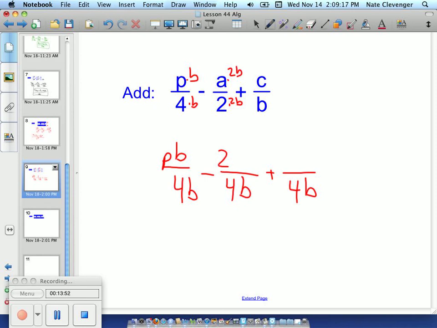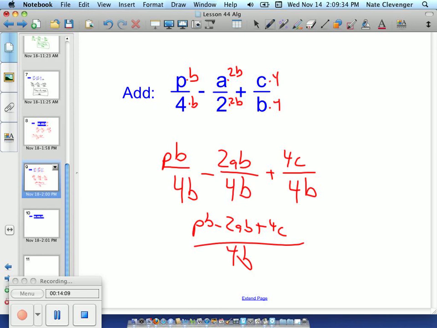And then do put the coefficient first, and the order of the variables isn't a big deal. And then times 4 is 4c. And then put all that over the common denominator once. A little sloppy, but that's where you're going on it. Last one.